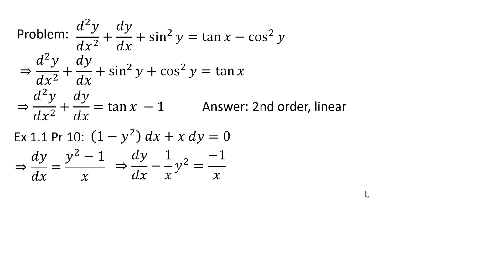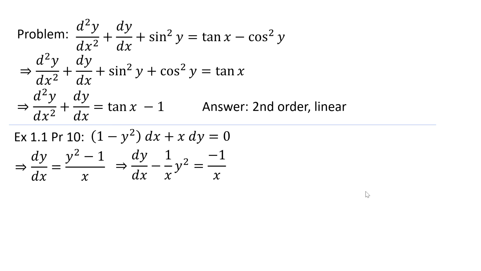Yeah. Split that fraction y square minus 1 over x into y square over x minus 1 over x, and subtract y square over x on both sides. And so this is what you end up with. If you're not convinced, just do that algebraic manipulation yourself to convince yourself. And that's what it becomes.